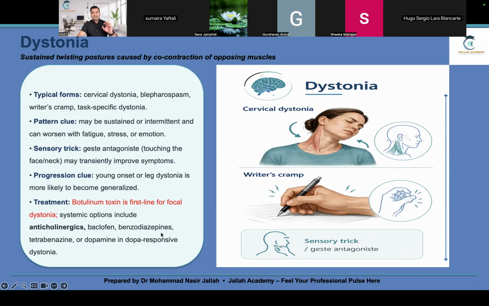So benzodiazepine is also used, but we have another, benztropine. We use that as well, which is very commonly used for the systemic option, including anticholinergic, benztropine, baclofen, benzodiazepine, tetrabenazine, dopamine, and dopamine-responsive dystonia.